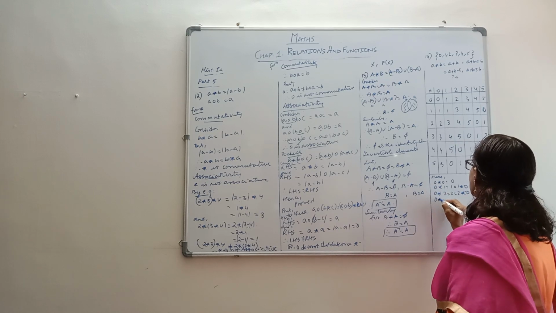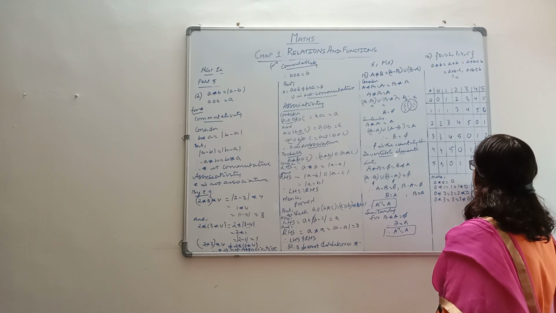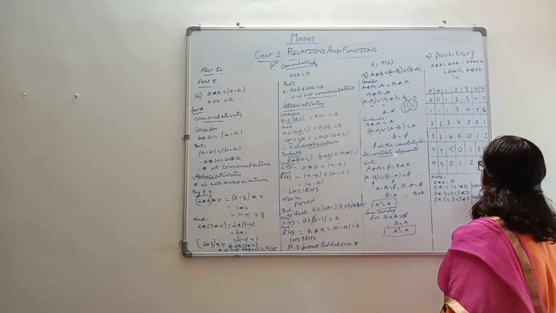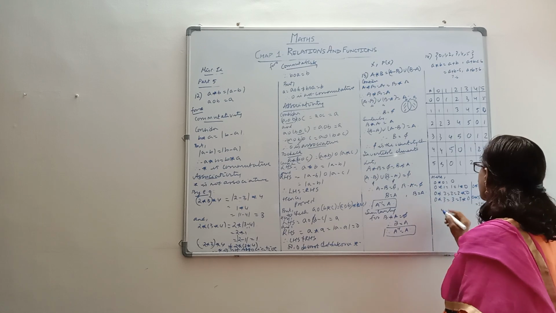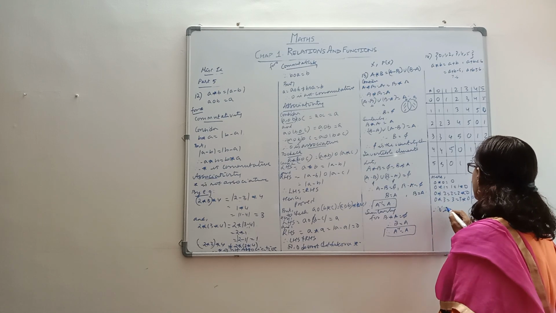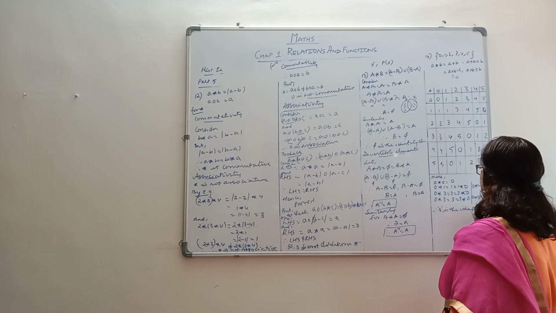Then 0 star 3 is 3, 3 star 0. Then 0 star 4 is 4, 4 star 0. 0 star 5 is 5, that is 5 star 0. So therefore 0 is the identity element. You're getting back the element, that is why it's the identity element.